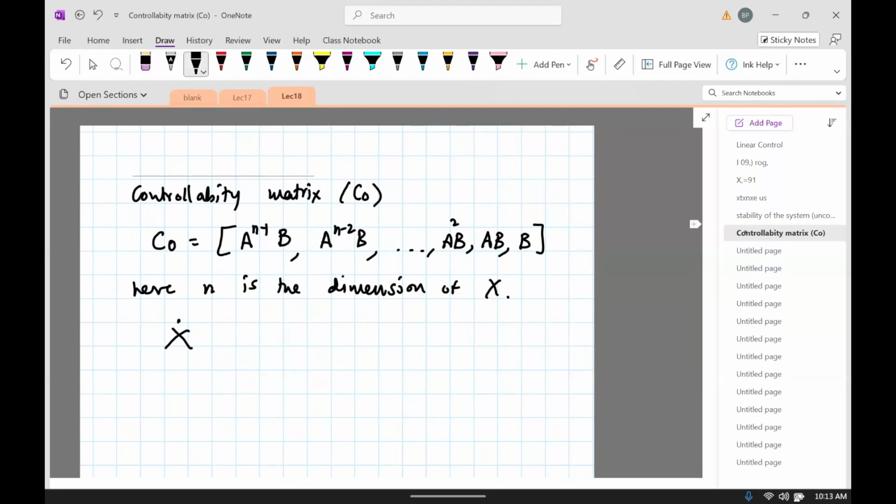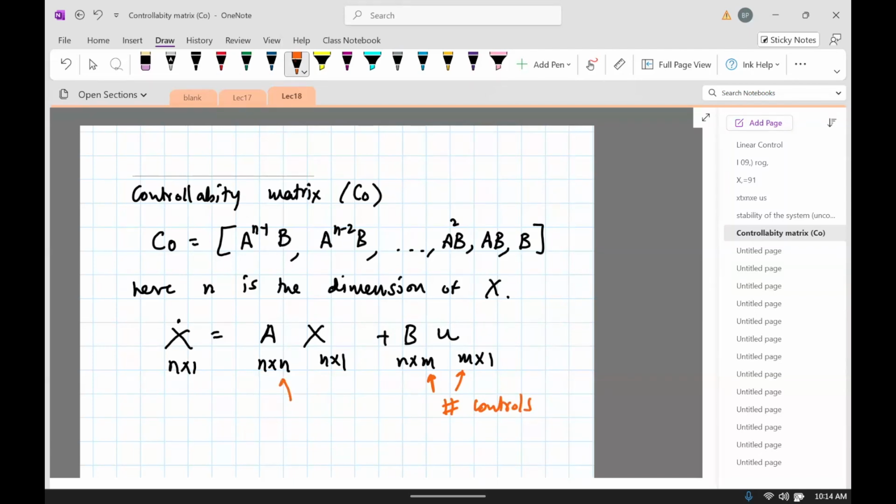So x dot equals Ax, which is n cross n times n cross 1, plus Bu. This will be n cross m times m cross 1, giving n cross 1. So you can see the matrix multiplication makes sense. And then m is the number of controls, and n is the number of states. So you need n in order to compute CO.